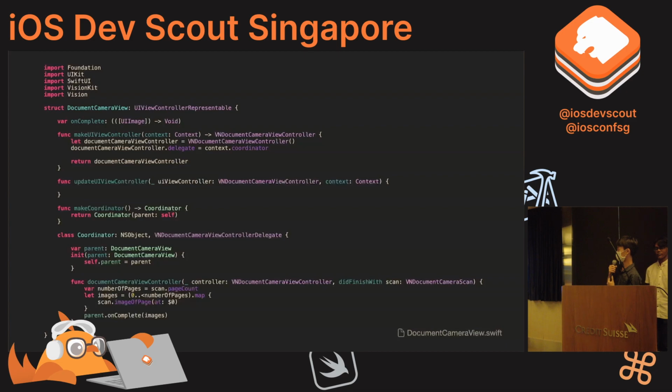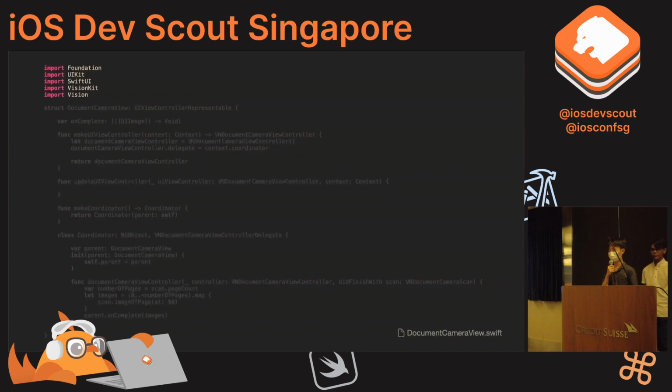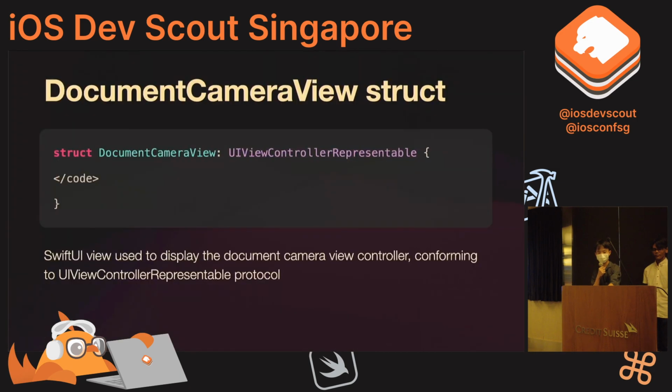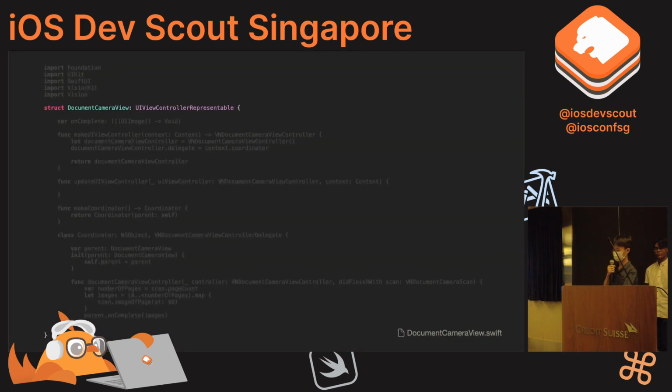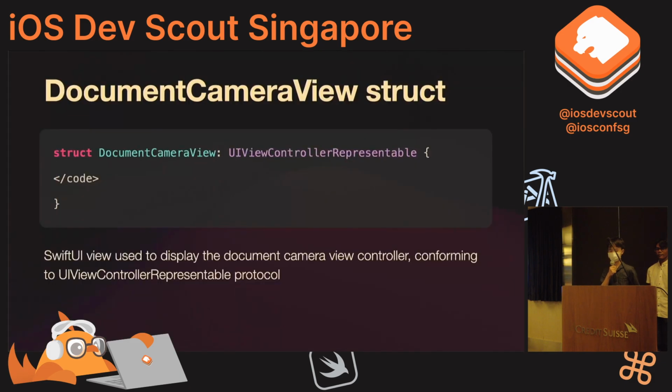Okay, so this is our document camera view. It's sort of the controller, the view of the SwiftUI. So of course, the first step will be to import your libraries like Vision. I'll start with this part of the code, which is the struct.